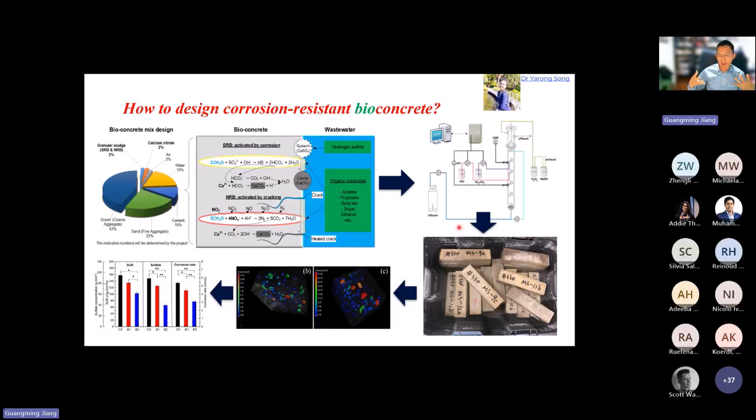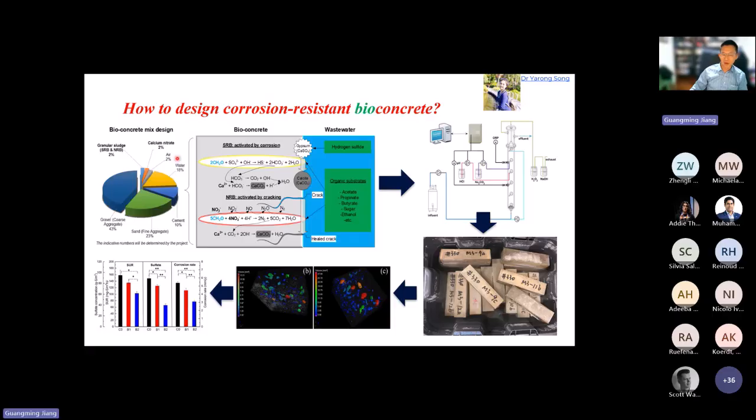Another thing, as a microbiologist, we always look at some solution based on microorganisms. So one of the projects we did is a bioconcrete. For the conventional bioconcrete, most of us are interested in the so-called MICP, basically microbial induced calcite precipitation.